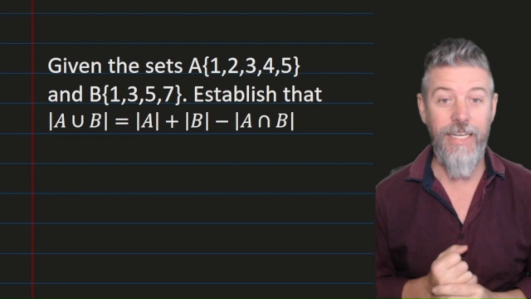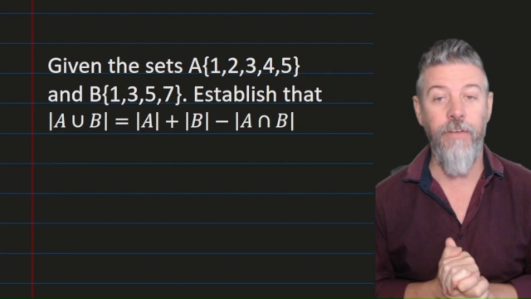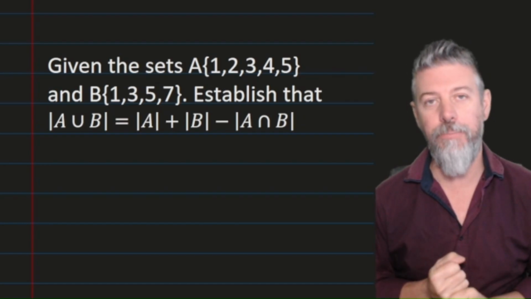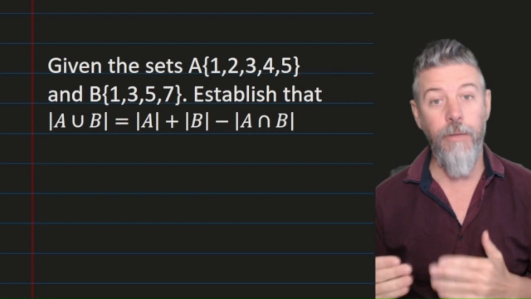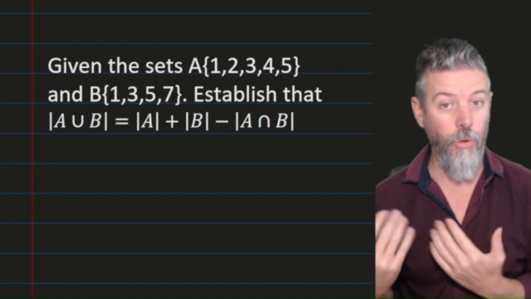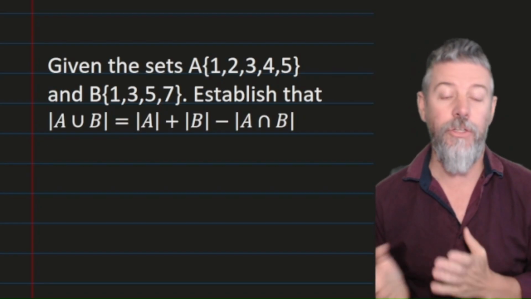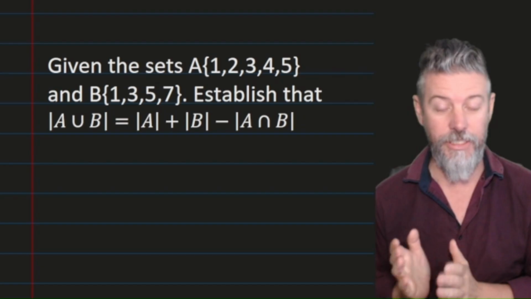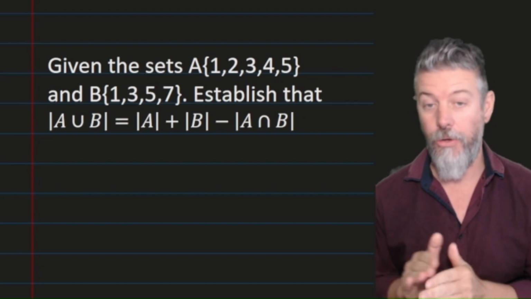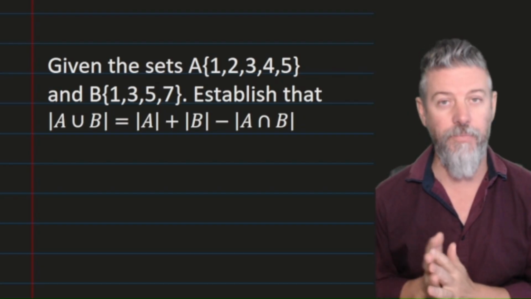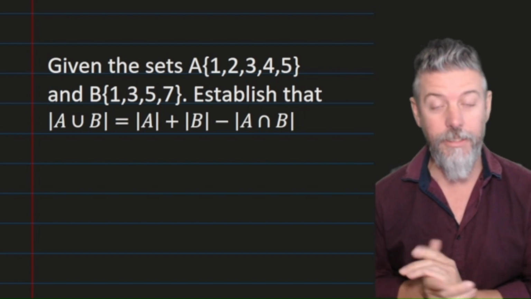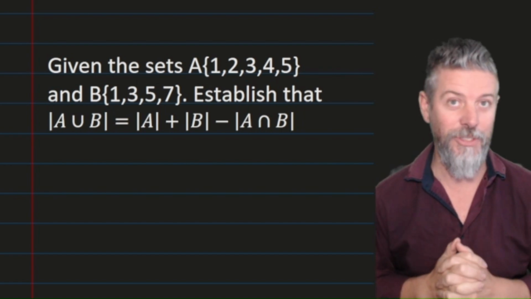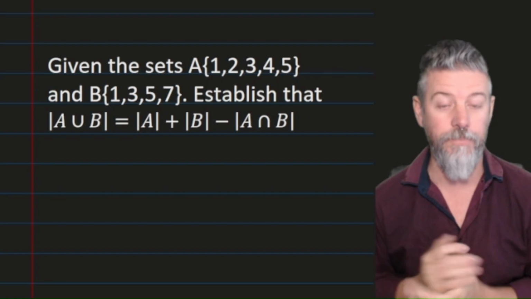I've given a second set here, B, 1, 3, 5, and 7. I've specifically picked this second set to have some elements in it that are also in set A, so that we can look at this establish this relationship just below that. It helps by having some things that cross over. It still works. If they don't, it would just have some zeros in the equation.